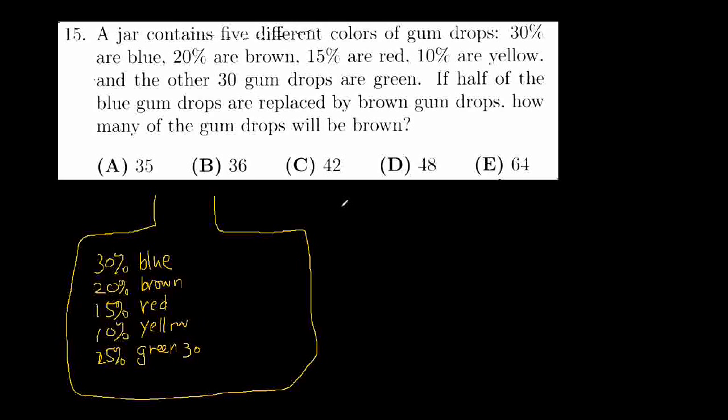So we know the total number of gumdrops inside is 30 divided by 25%, which is 0.25. That's a total amount, which is 120. 30 divided by 0.25.